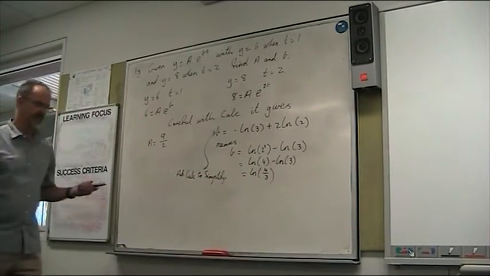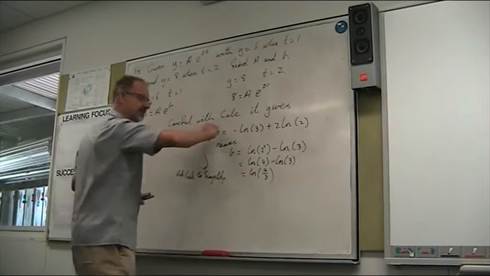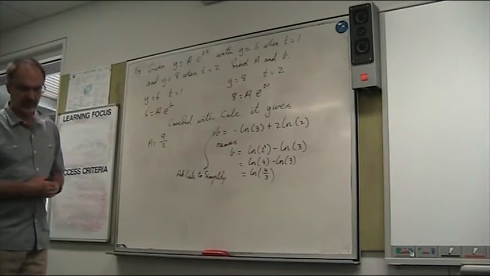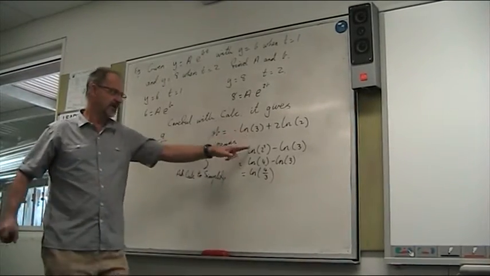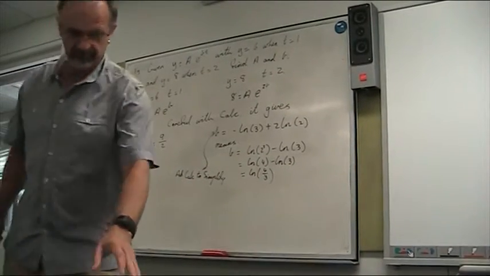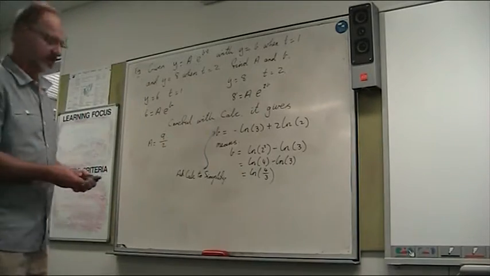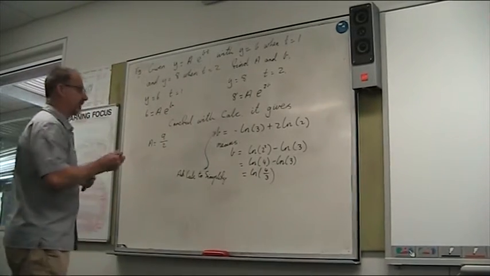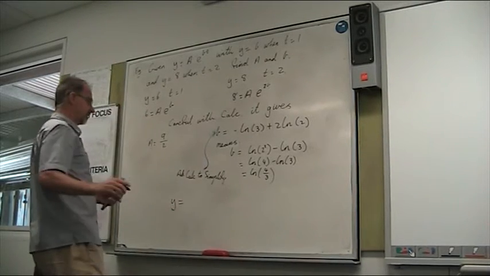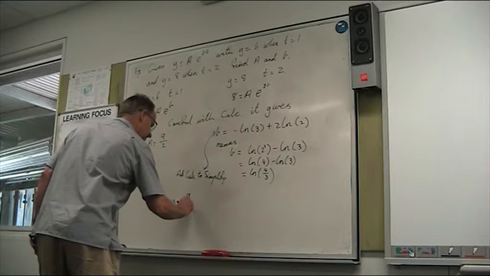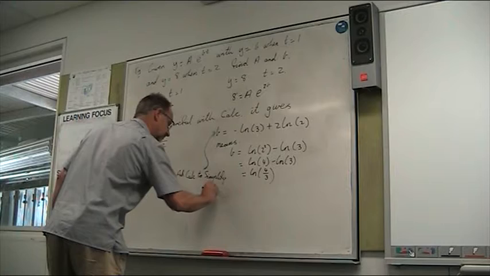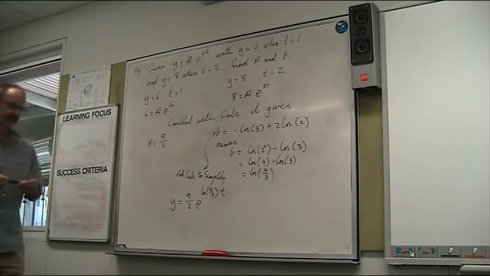So I don't know why, but the programmers have programmed it to give you this answer, when really we want something more like that. So you can either do it by hand or ask the calculator to simplify. And so there's the A and the B, and if we were required to write what the equation was, it would simply be that.